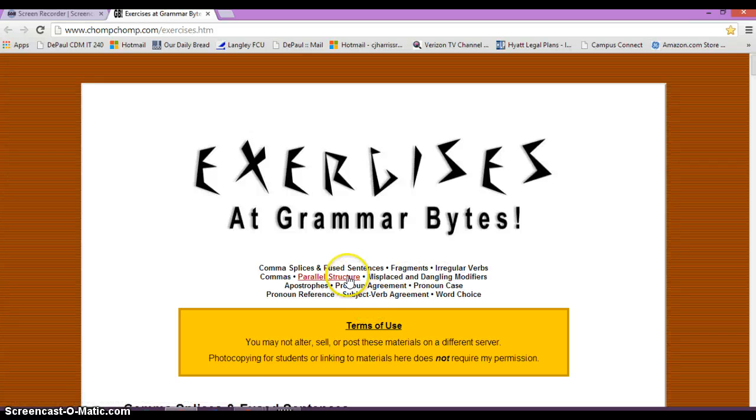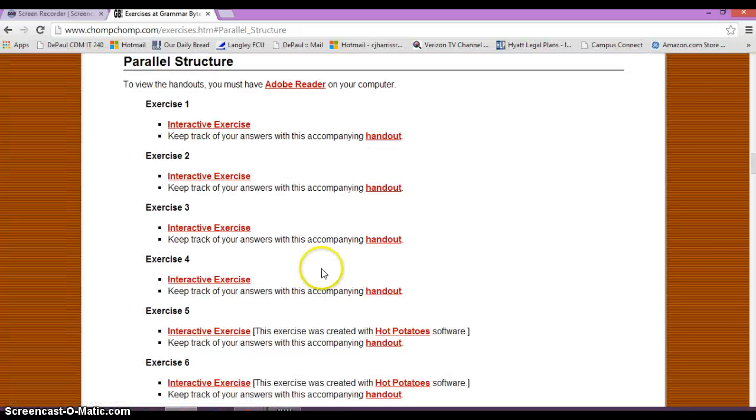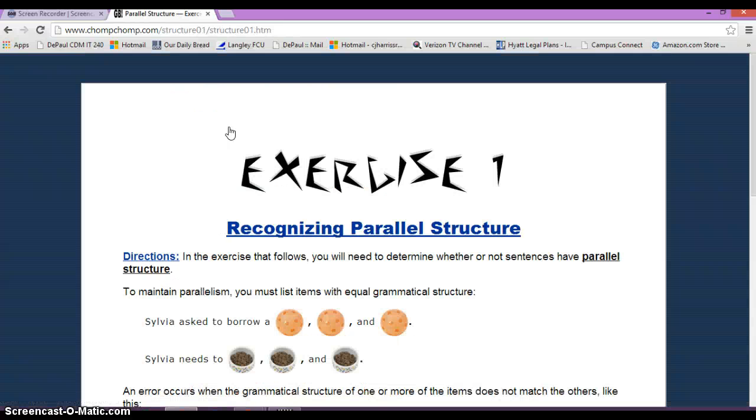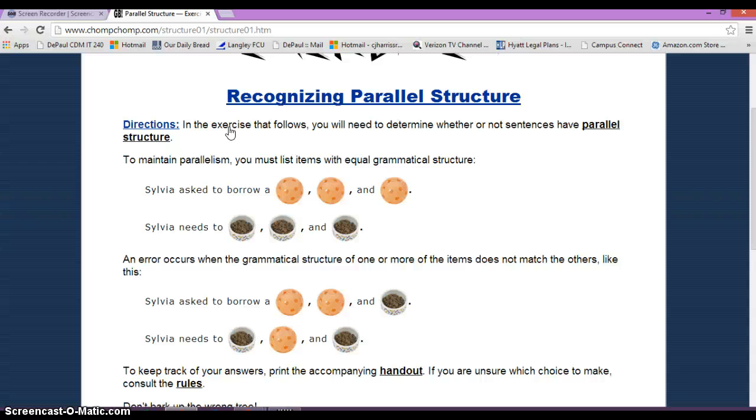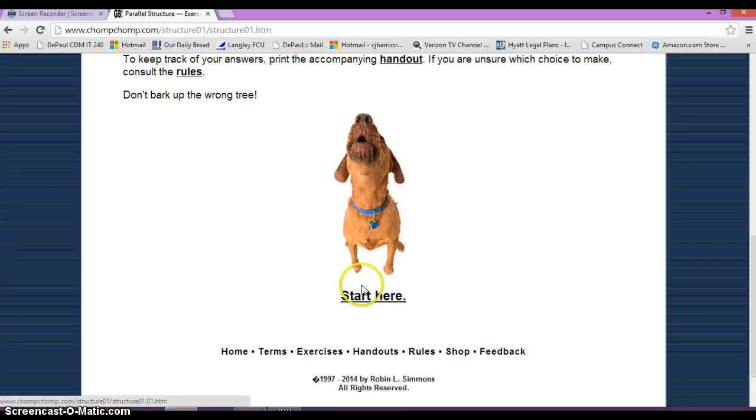I'm going to navigate to parallel structure, and I'm going to click on Interactive Exercise 1. This exercise will help us to recognize parallel structure, and you can see, just like in our presentation, we are trying to identify patterns of symbols or words. Let's begin.